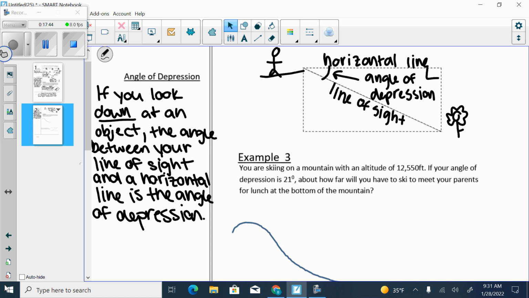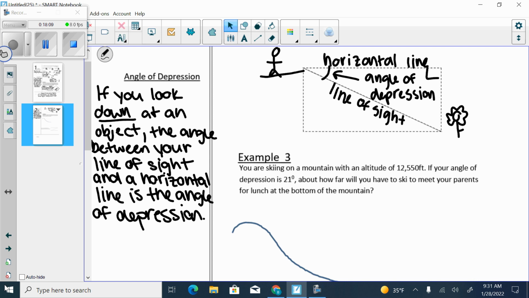Okay. All right, so now we're going to look at an example where they give us an angle of depression in the word problem. It says you are skiing on a mountain with an altitude of 12,550 feet. If your angle of depression is 21 degrees, about how far will you have to ski to meet your parents for lunch at the bottom of the mountain?